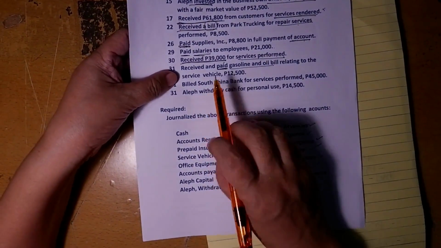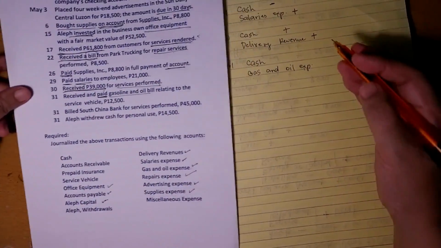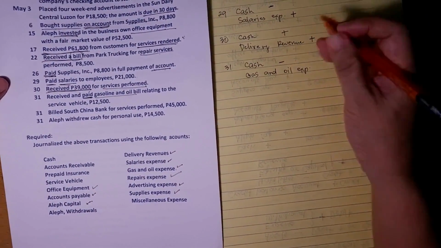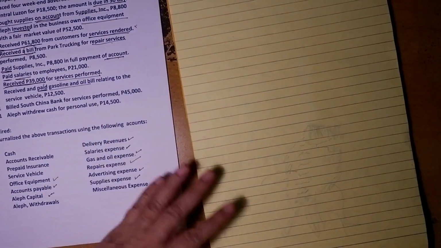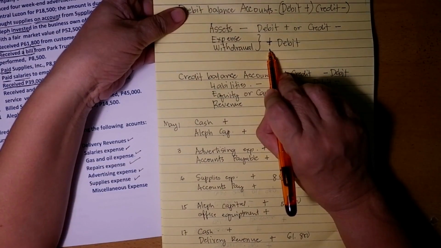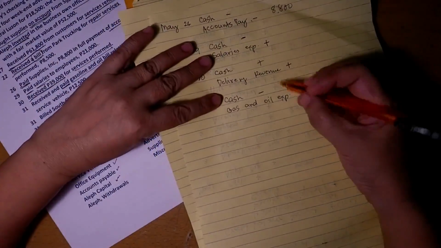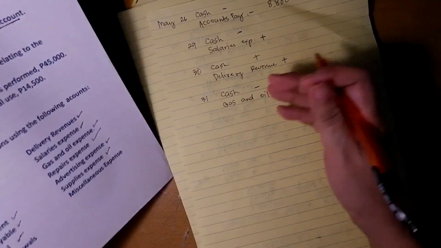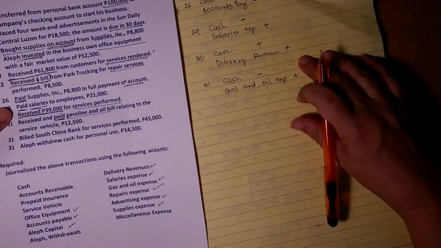Okay, what happened to our cash when we pay? It means it decreases. And again, gas and oil expense, our guide says that it is always plus. So that is plus. By how much? Let us put the amount first.